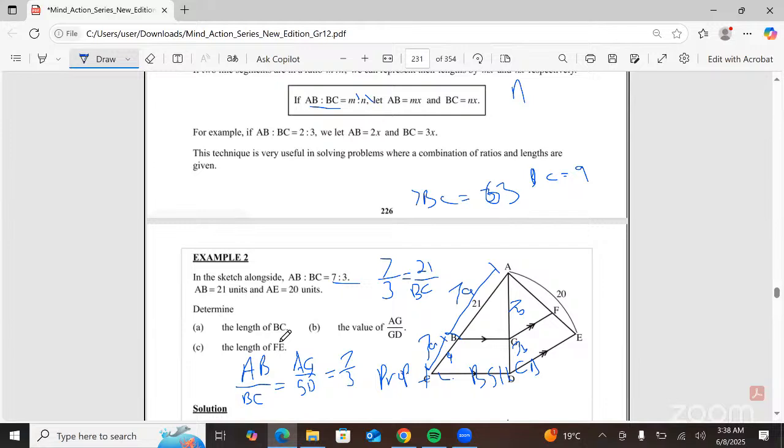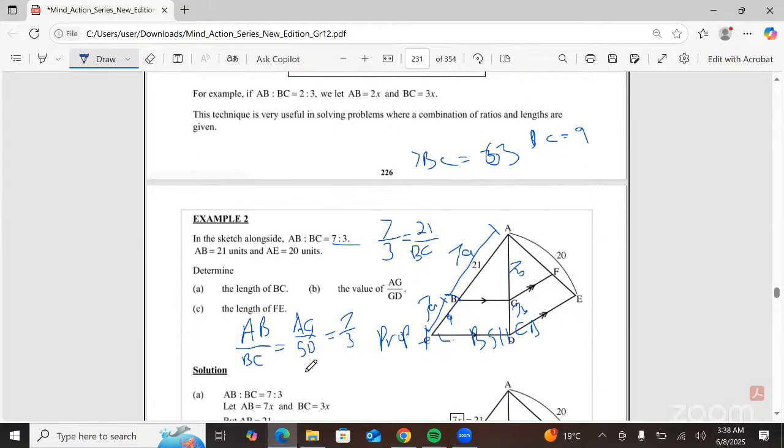Do we use the ratio for AG over GD? So AD over GD is equal to AE over FE.